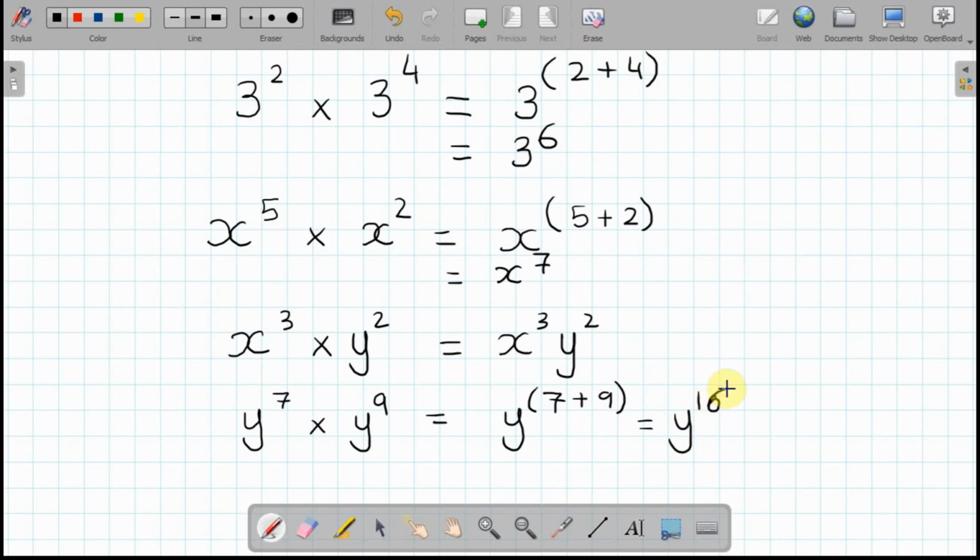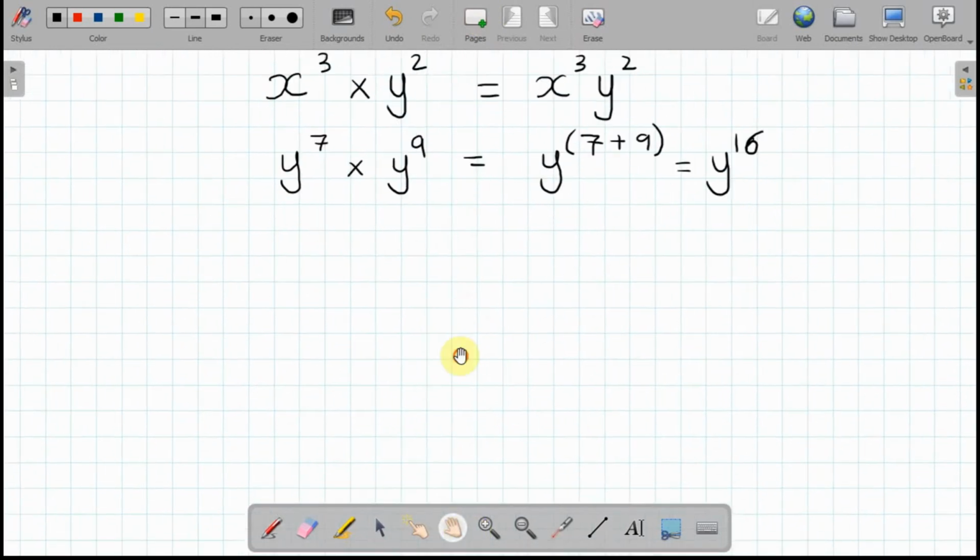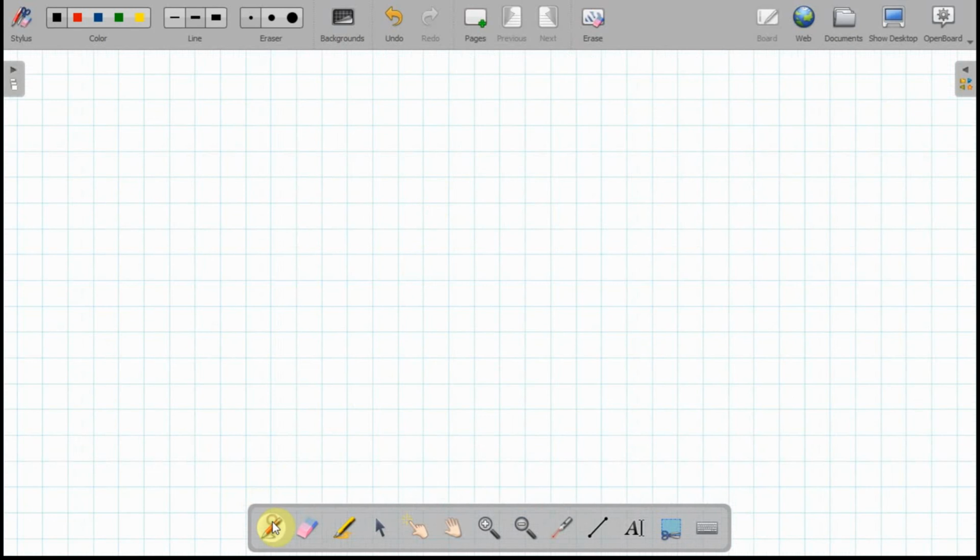Okay. So we'll look at some more examples, but this time this was on multiplication. We're still sticking to the same bases, and we're going to go on to division. Right, so let's look at an example. This time we're looking at 2 to the power 5 divided by 2 to the power 3. Now 2 to the power 5 is the same as 2 times 2 times 2 times another 2 times another 2.